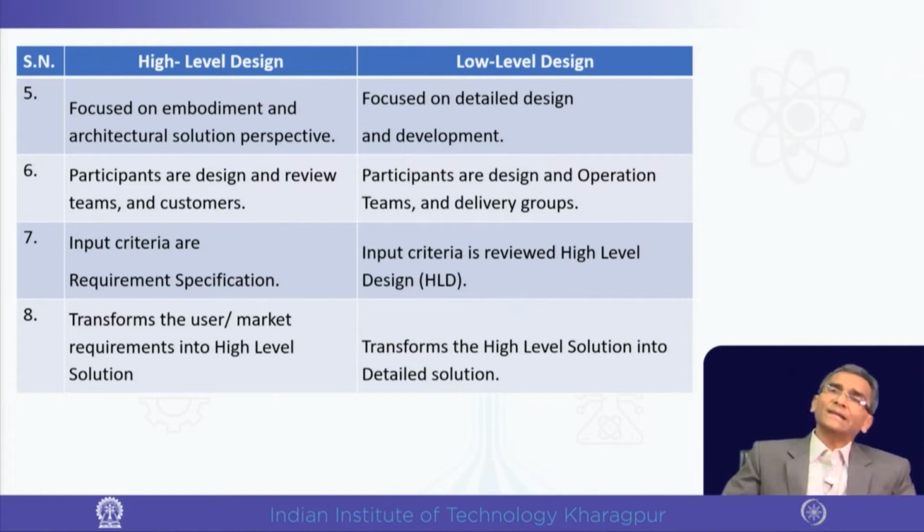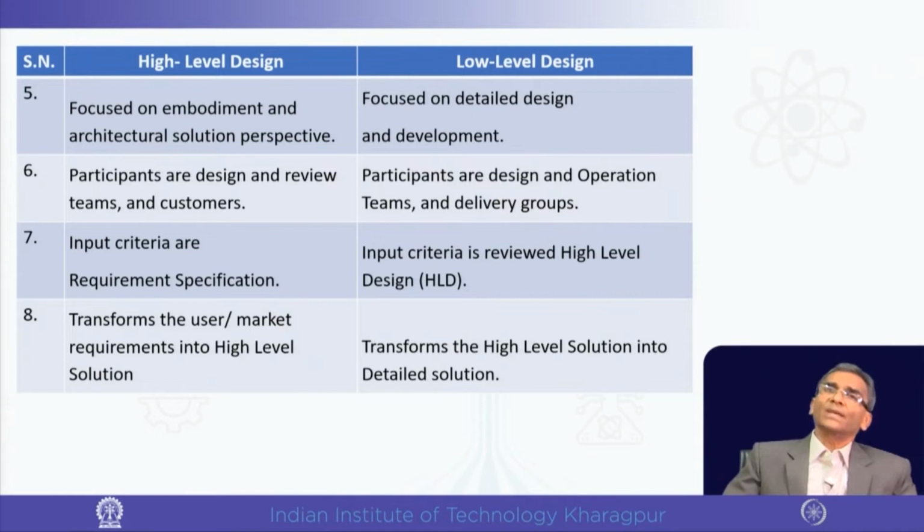Here one thing is to be noted, when we work in a project engineering team, as you are already working, perhaps you know that it is a team that works. The high level design team interacts with the design and review teams together with the customer, client or the user.